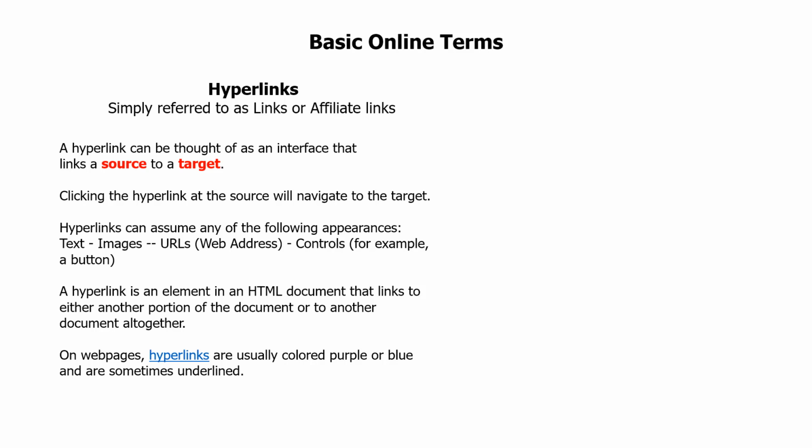It's a way for you to direct people to where you want them to go. And on web pages, hyperlinks are usually light blue or light purple, and they're underlined.